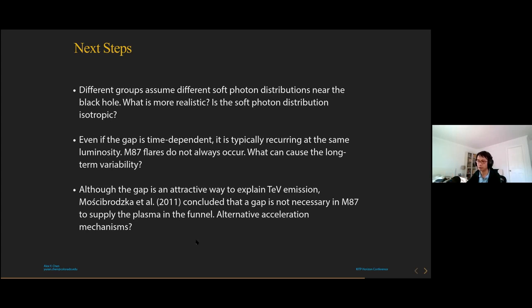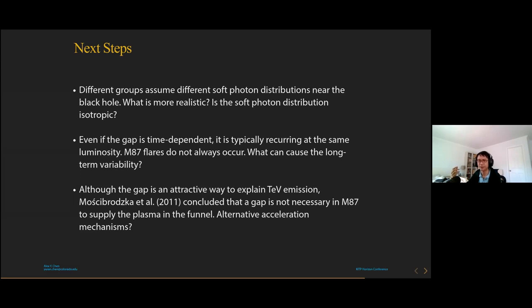And also, what I said in the beginning is that Monica et al. said that for M87 there should be no gap required. That raises an interesting question. It can be interpreted in two ways. One is that, yes, you don't have a gap, so you need to find another mechanism that accelerates particles to TeVs and produces the emission that we see.